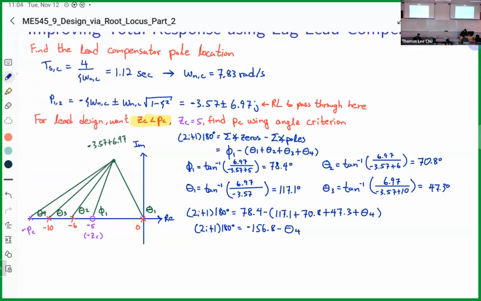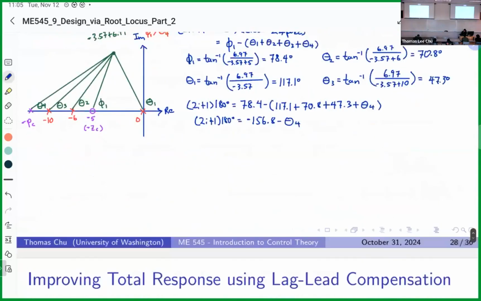For this to be true, phi 1 needs to be larger than theta 4.